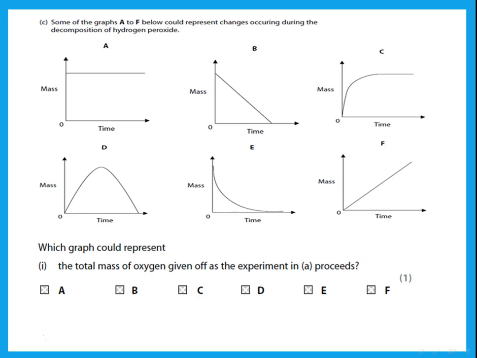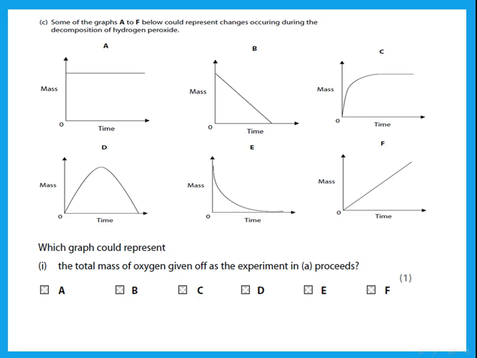Some of the graphs A to F below could represent changes occurring during the decomposition of the hydrogen peroxide. So he gives you 6 graphs, A, B, C, D, E, F, and asks which graph could represent the total mass of oxygen given off as the experiment proceeds. Remember that at the beginning there is no gas at all, then as the reaction proceeds the gas increases, and then at some point it stops increasing because the reaction has finished.